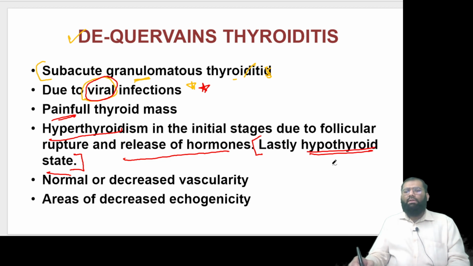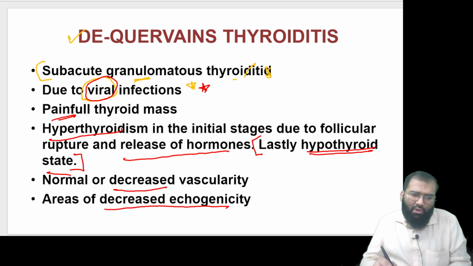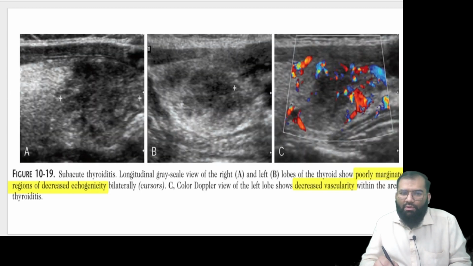If you see, the vascularity in later stage is decreased and the echogenicity is also decreased. So let us study the images of decurrent thyroiditis.